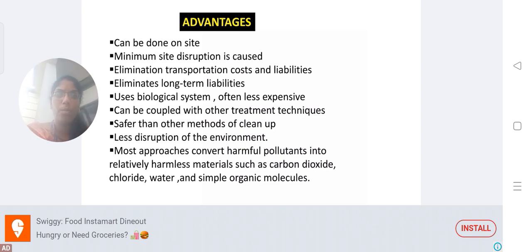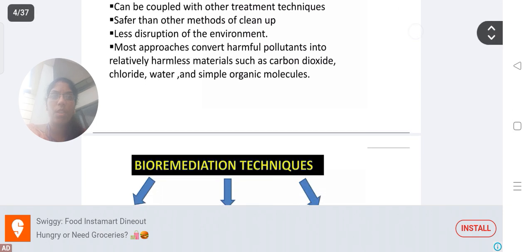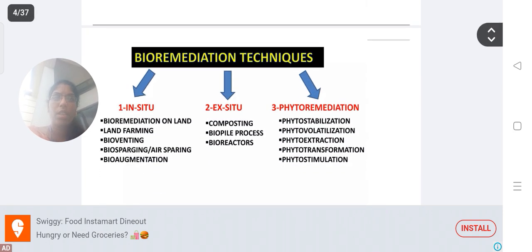Most approaches convert harmful pollutants into relatively harmless materials such as carbon dioxide, chloride, water, and other simple organic molecules, so we easily remove the pollution from the water or soil. Bioremediation techniques are of three types. The first one is in situ techniques, then ex situ, and phytoremediation.